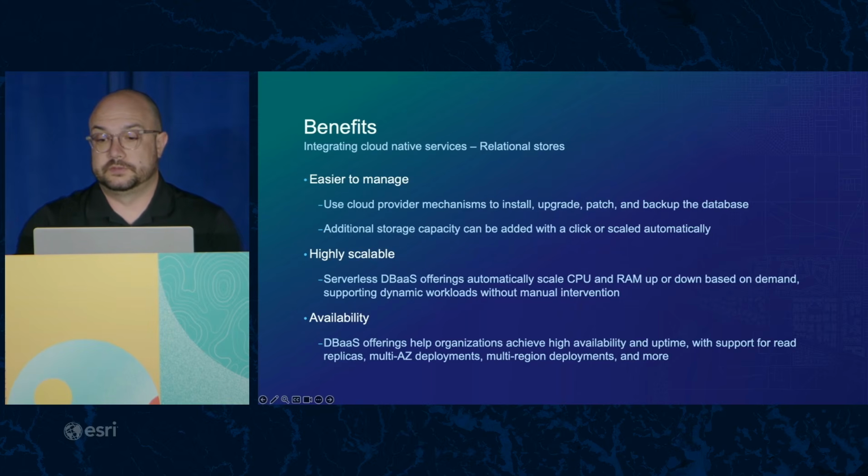While provisioned services can scale manually, they won't react to spikes in traffic or request volume. Many cloud providers offer serverless options, like Amazon Aurora Serverless or Azure SQL Database Serverless. And these can automatically scale compute resources to accommodate unpredictable workloads and charge you for what you use when you use it.